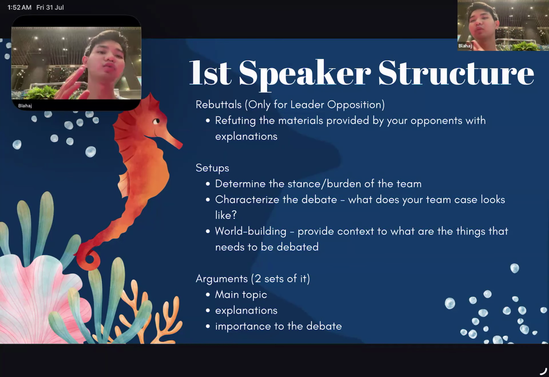Thirdly is something that we call world building. World building is where you're trying to paint a picture and contextualize the debate. As the expression goes, you're trying to provide context to the things that need to be debated. So let's say something regarding the periodic table.